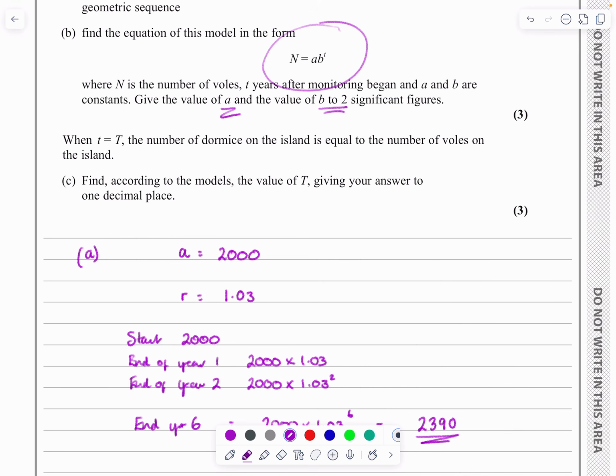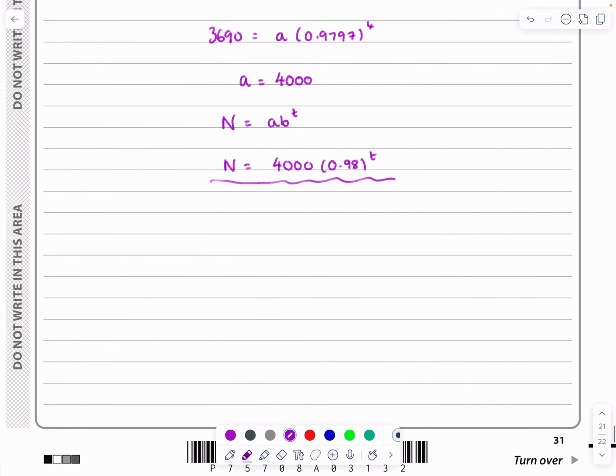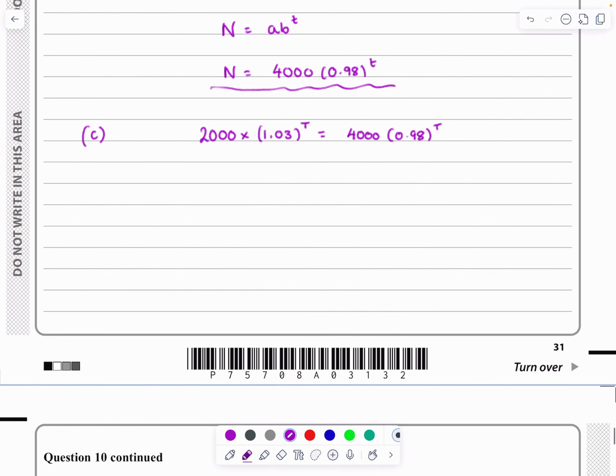So for part C, I've got an expression 2,000 times 1.03 to the t, which is for the original one, which was the dormice, and then I've got equals to what I've just found, which is 4,000 times 0.98 to the t, and that's for the voles, and they're equal to each other. So if they're true, then I can work out what t is going to be from this.